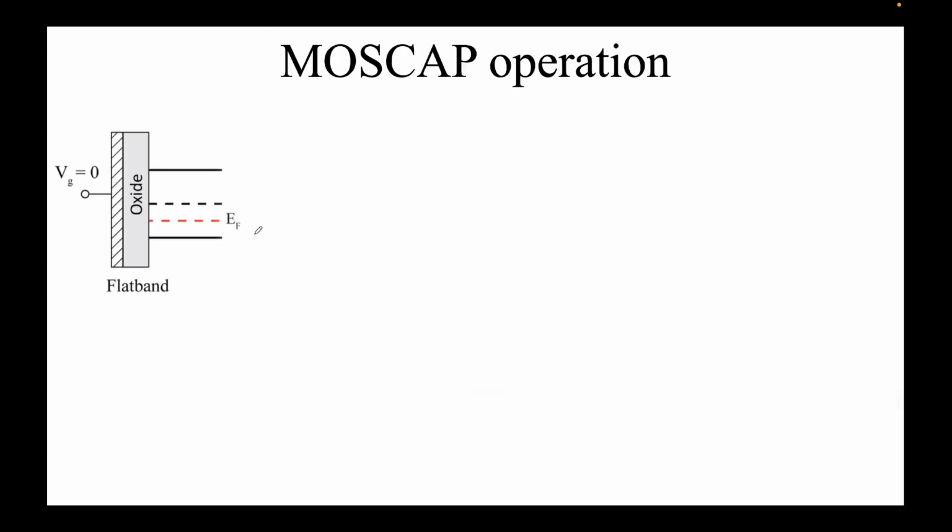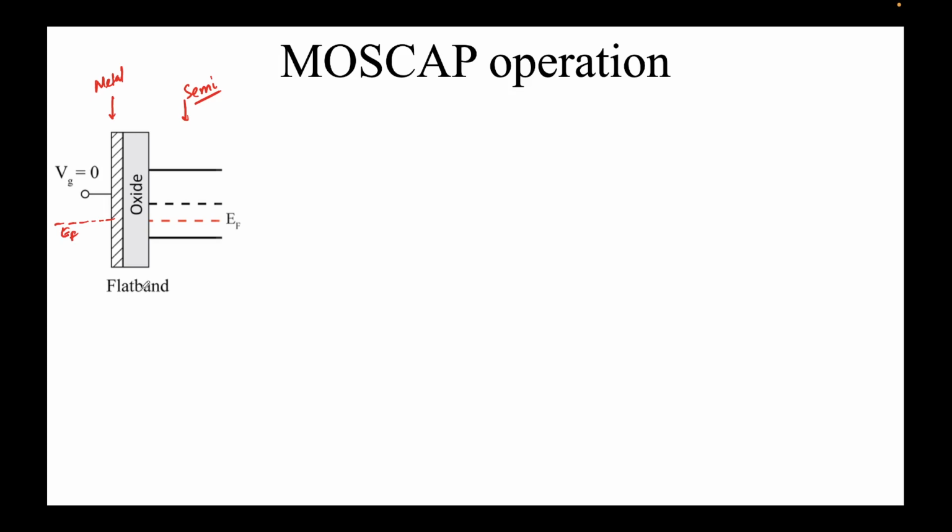That's our assumption. So on this side also you have an EF, which is not drawn here, because we have assumed EF metal and EF semiconductor are the same. The dashed one is your metal, and this side is your semiconductor. This condition is known as flat band because you can see the bands of the semiconductor are flat.